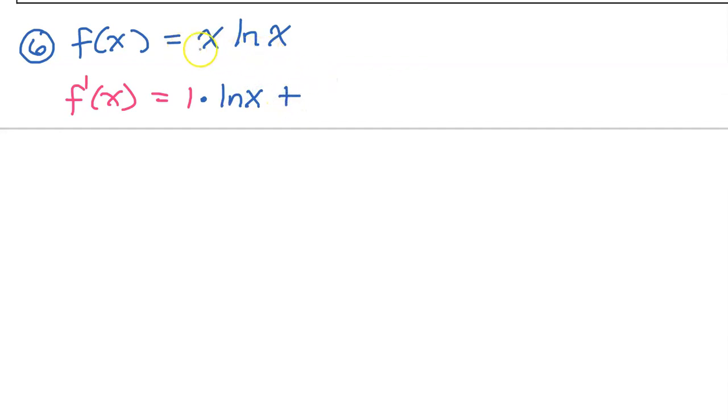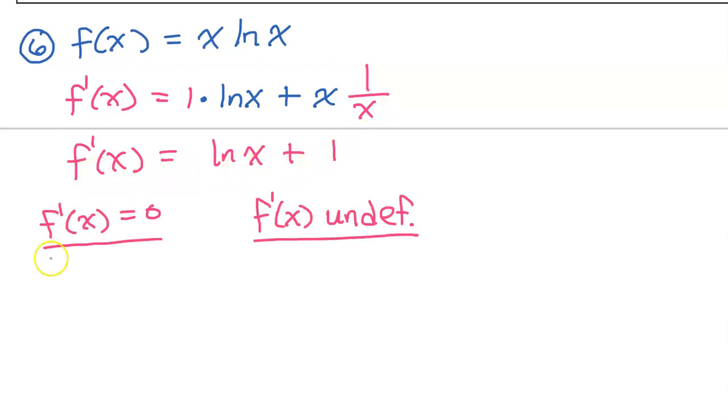The second time through, I leave the first factor alone, and I take the derivative of the second factor. The derivative of natural log x is 1 over x. Since x times 1 over x is just x over x, that is 1. And we have f prime equals natural log x plus 1.